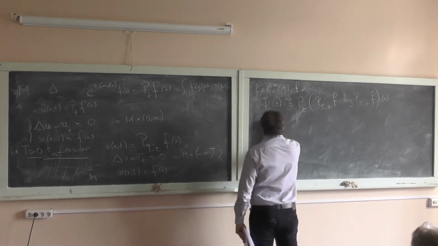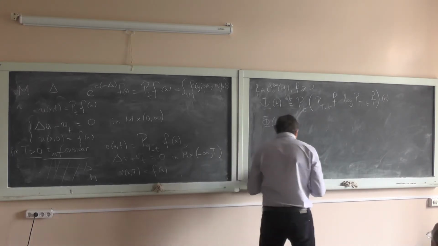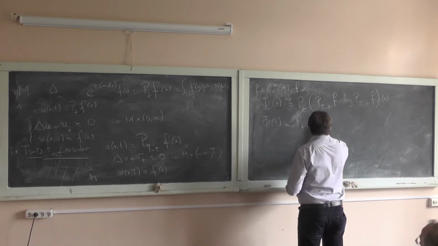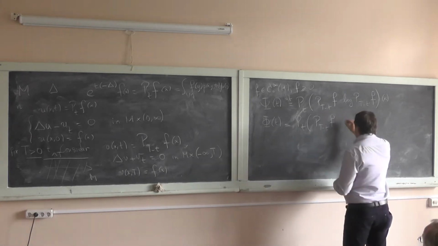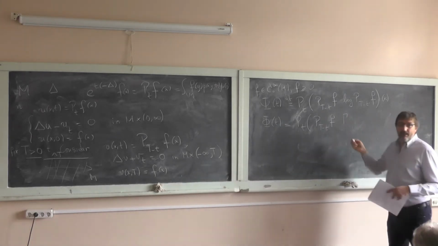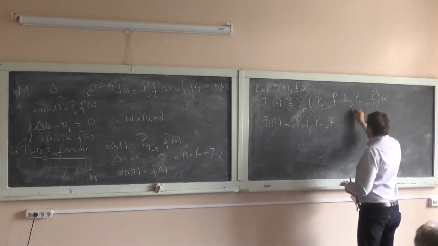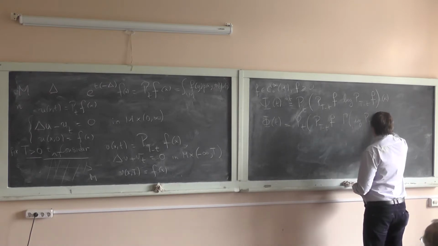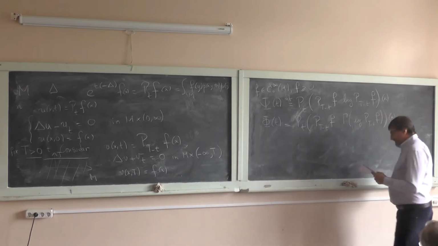And then I will define capital phi of t to be P_t of P_{T-t} f times gamma. Remember, gamma is the length of the gradient squared of a function. Gamma of the log of P_{T-t} f evaluated at x.